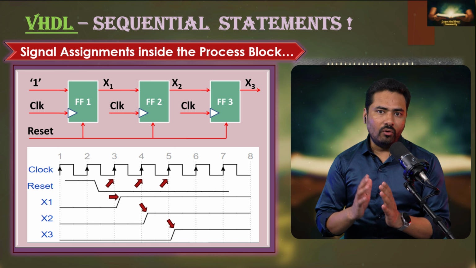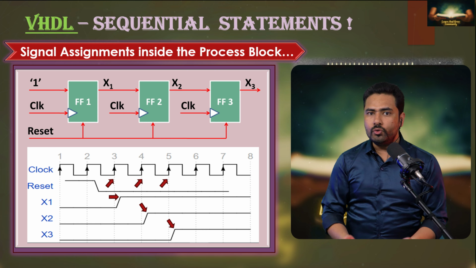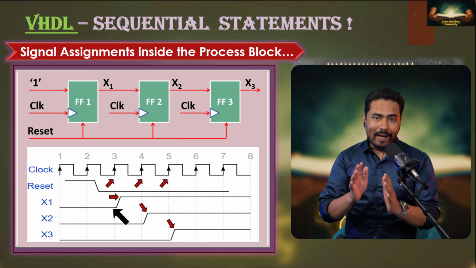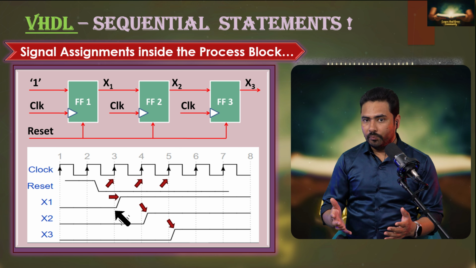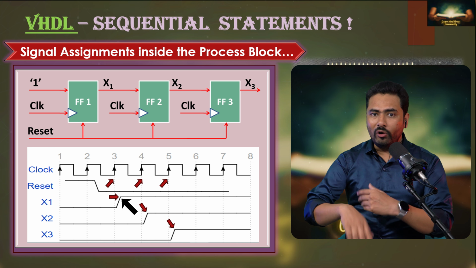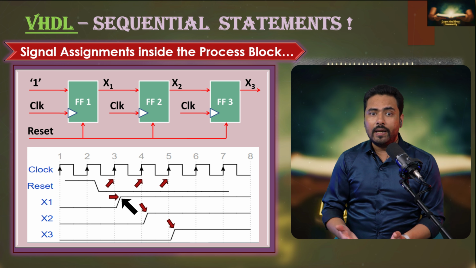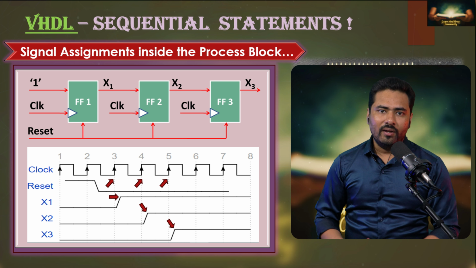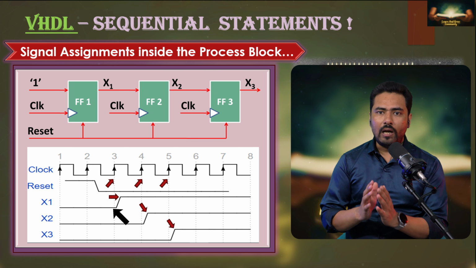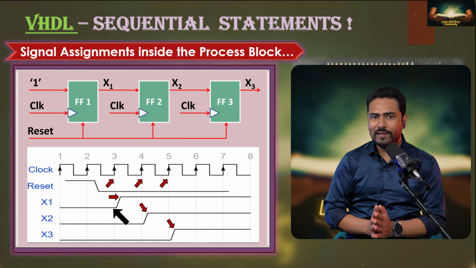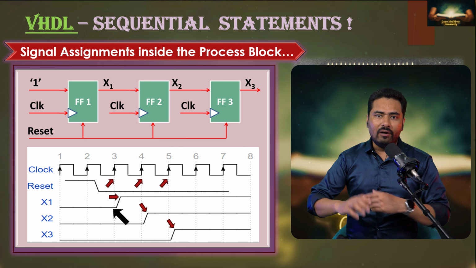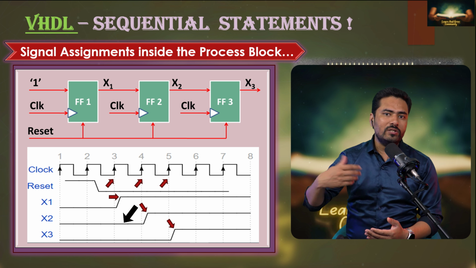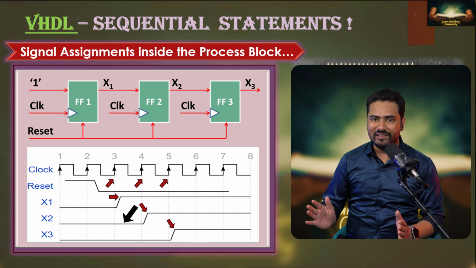On the rising edge of clock cycle 3, FF2 will capture the value of x1, and the value of x1 at this point is still 0 because x1 only changed its state after some time of the third clock edge due to some logical delays, right? Therefore, on the rising edge, FF2 will still see logical 0 at its input and will capture 0. So signal x2 remains at logical 0 during the third clock cycle.